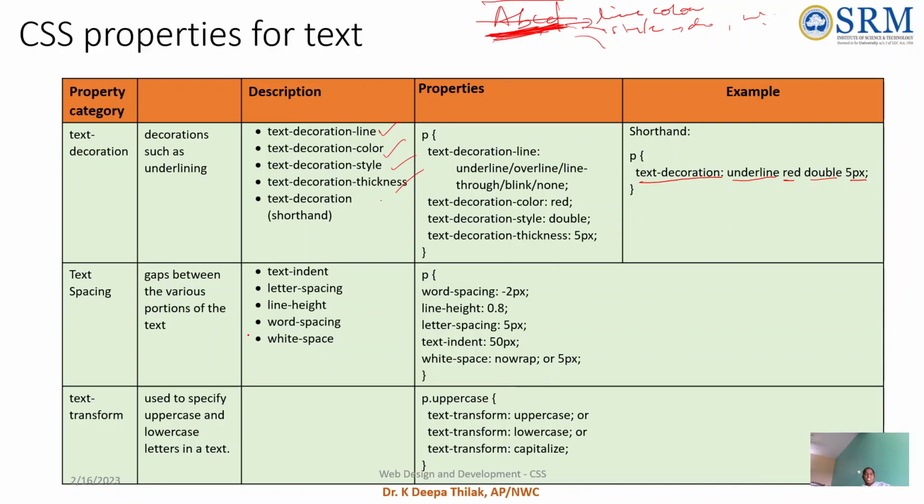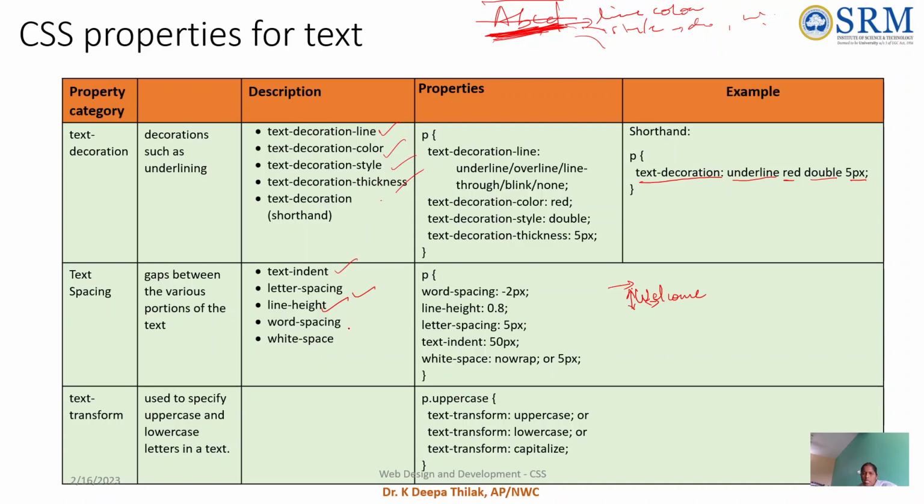Okay, so text spacing. Suppose I have a word, I have welcome. So here the meaning is, what is the length of this text that we specify, line height, and what is the letter spacing between two letters in a word, letter spacing, and text indent, how much indent I should leave as space, right?